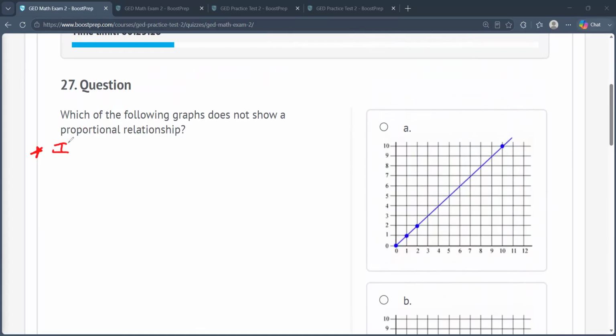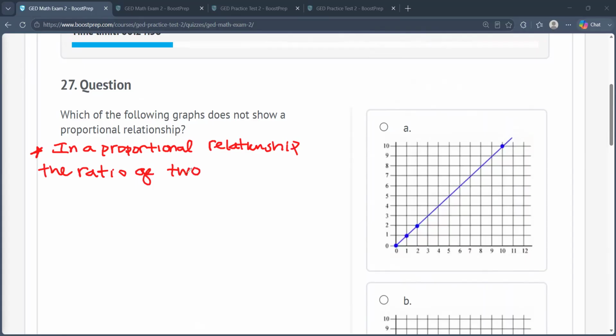In a proportional relationship, the ratio remains constant. So that doesn't mean it's linear. It doesn't mean the slope has to be the same.